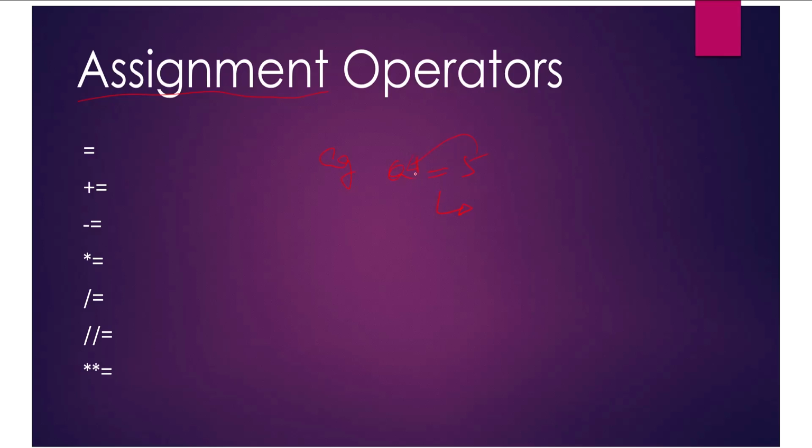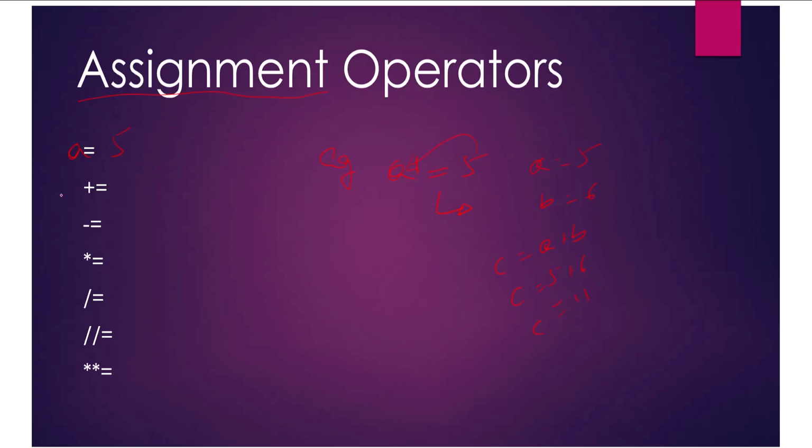Similarly, let's go here. a equal to 5 we have stored, and we want to add 5 to it. Earlier, with the help of addition, we did addition between two different variables, like a equal to 5, b equal to 6 and a plus b, so we get 5 plus 6 equal to 11.